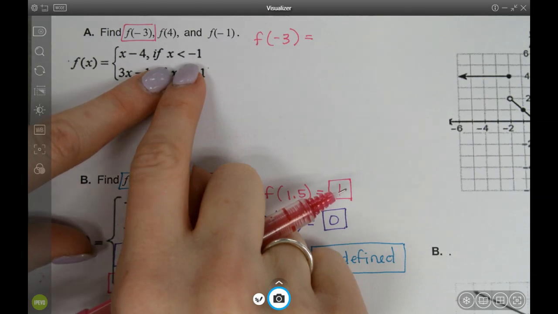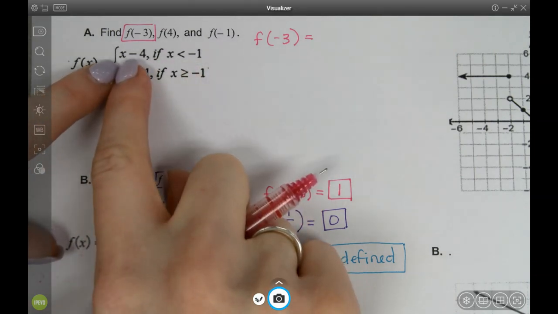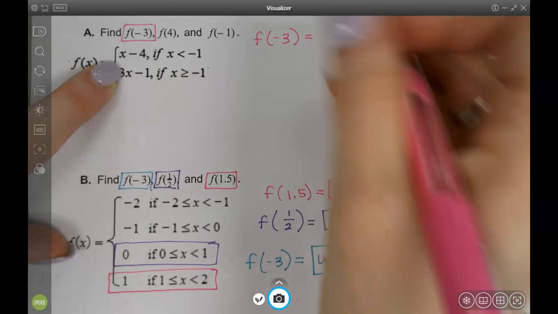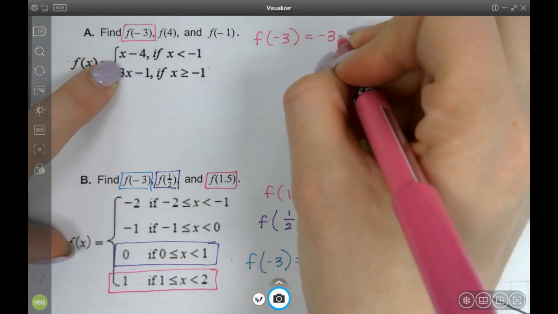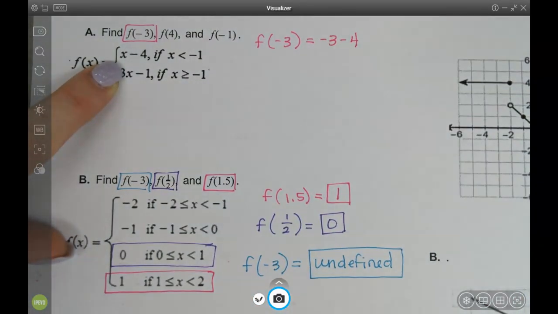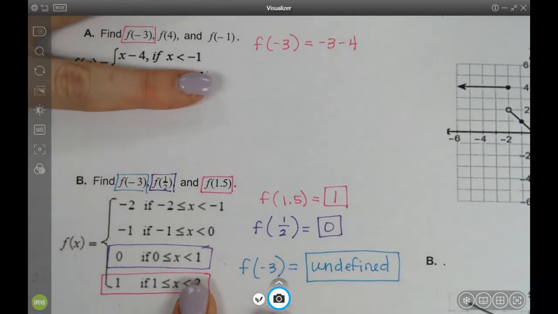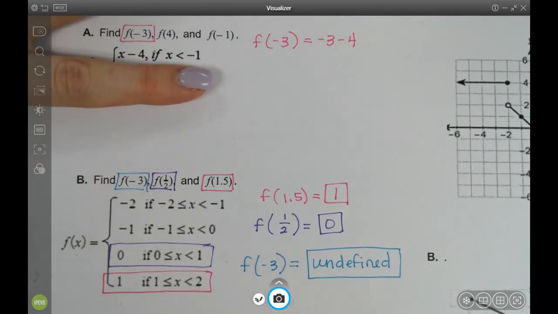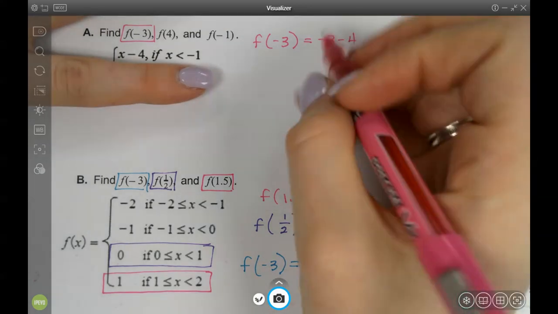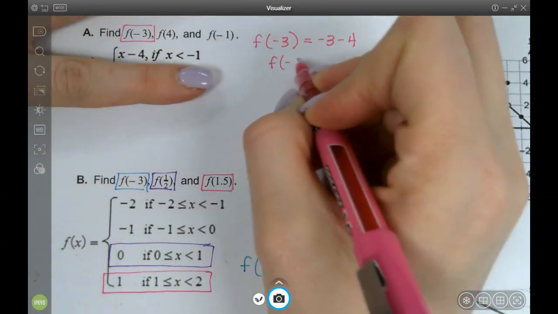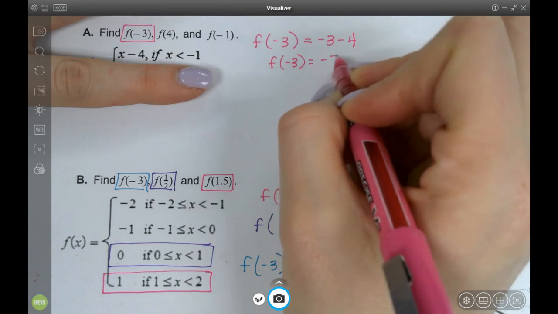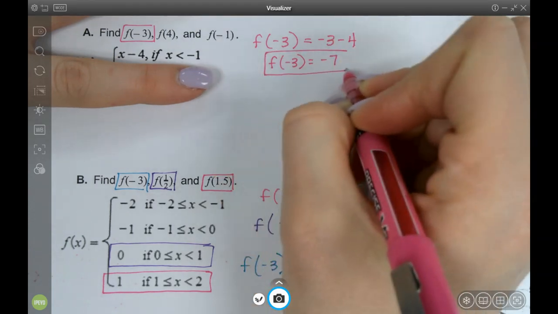So I'm going to take negative 3 and plug it in for x into this first piece. So negative 3 minus 4. Once you figure out which piece you're plugging it into, it's like the other equation doesn't exist. You only have that first one. What is negative 3 minus 4? So f of negative 3 is negative 7.